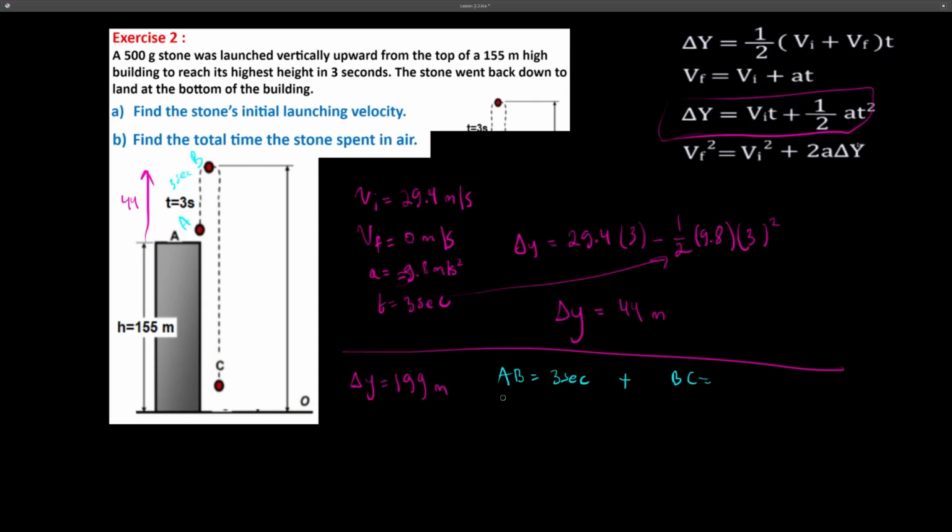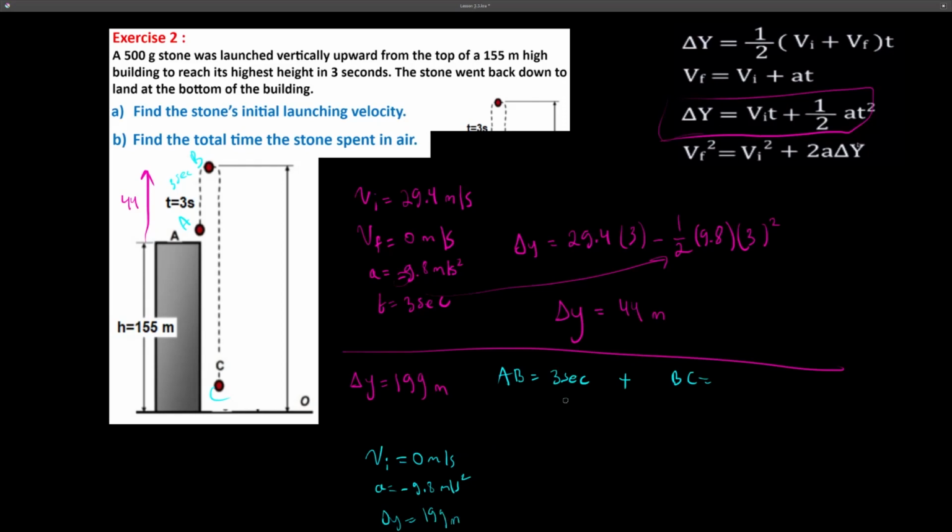So from B to C, what do we know? We know that the v initial is 0. Why is it 0? Because this is the turning point, so if we start from here, then the v initial is 0. We know that the acceleration is minus 9.8. And we also know that delta y is 199 meters.